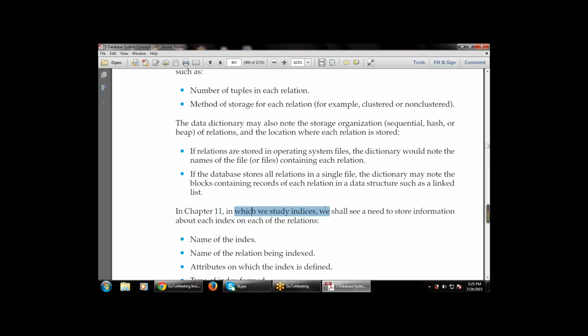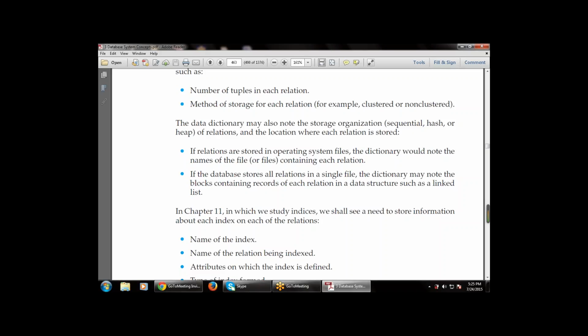In chapter number 1, in which we studied indices, we shall see the need to store information about each index on each of the relations. So the first one is, what are the various pieces of information that are stored about the indices.